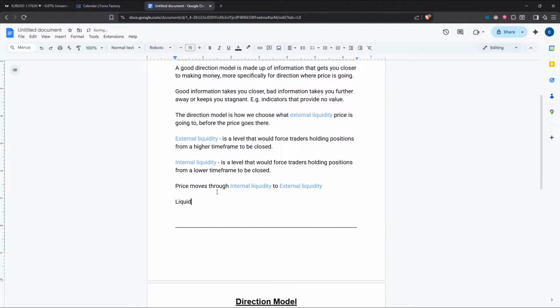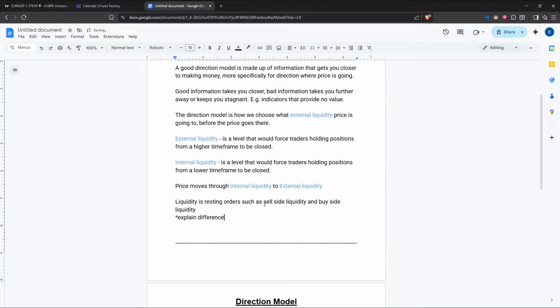Liquidity, let's define it, is resting orders, such as sell side liquidity. I'm gonna make a note for myself to explain this later.